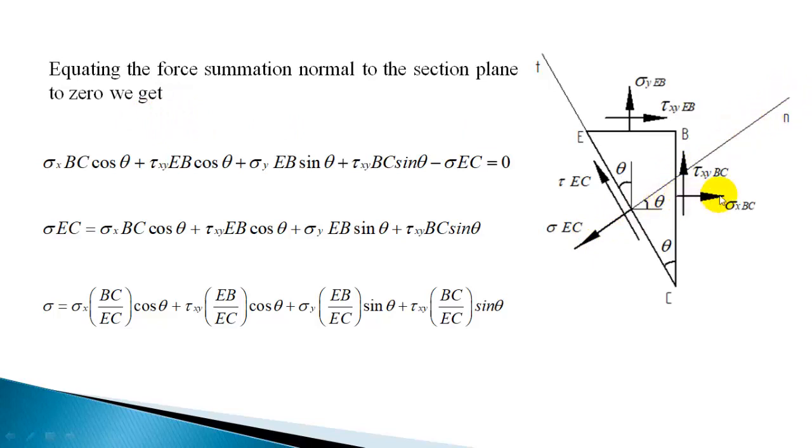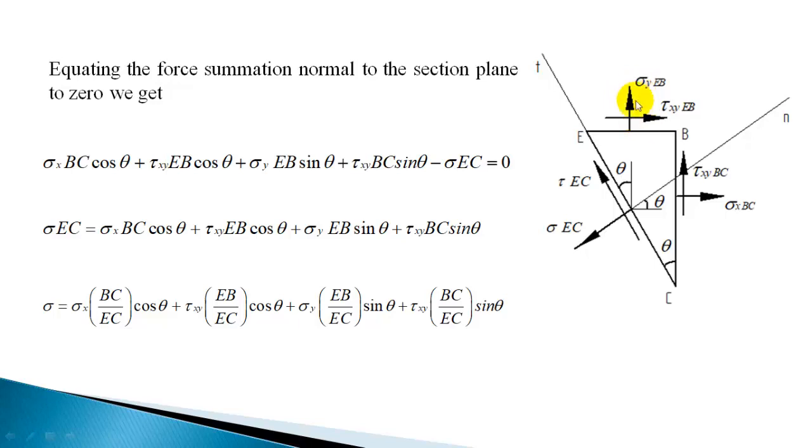Now this force sigma x BC, the component is cos theta: sigma x BC cos theta. And there is one more horizontal force, tau xy EB, that's also acting in the horizontal direction, so its component in the normal direction is tau xy EB cos theta. Now let us take the vertical forces.